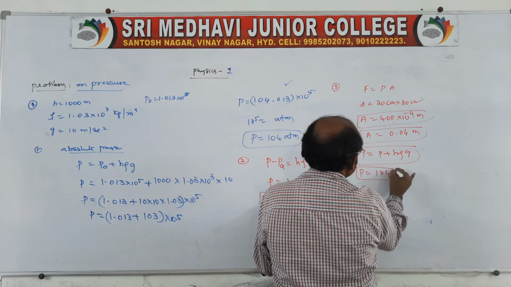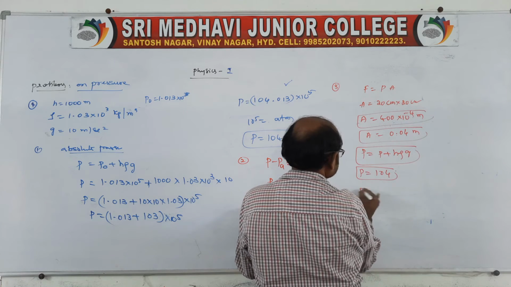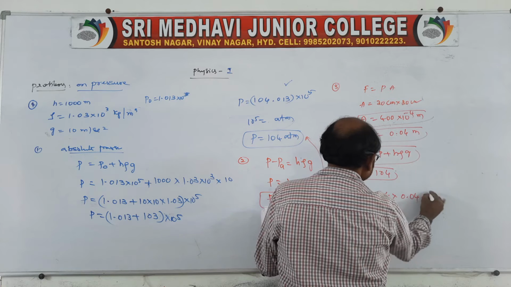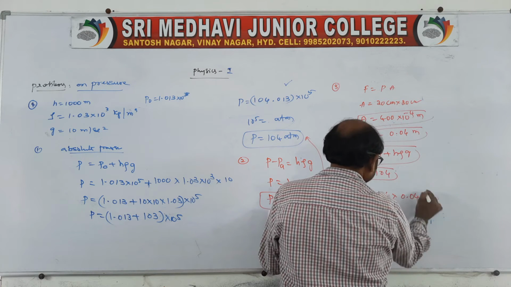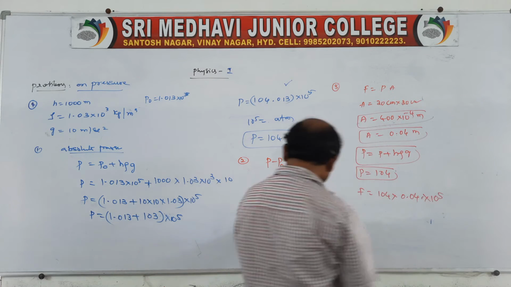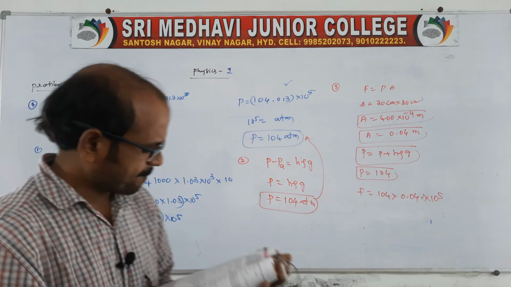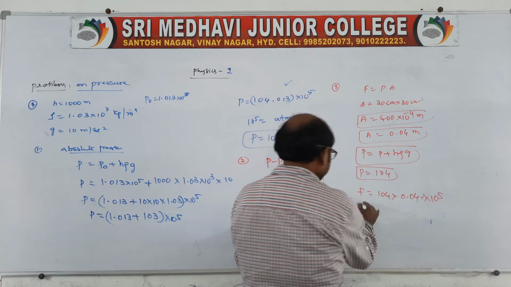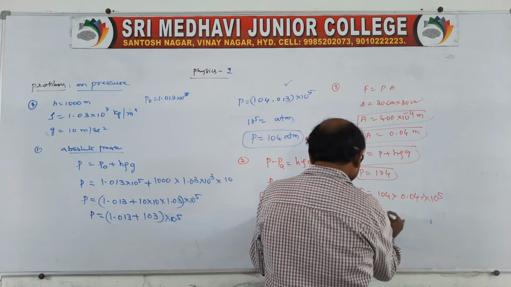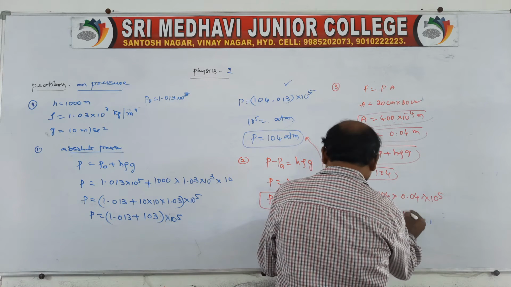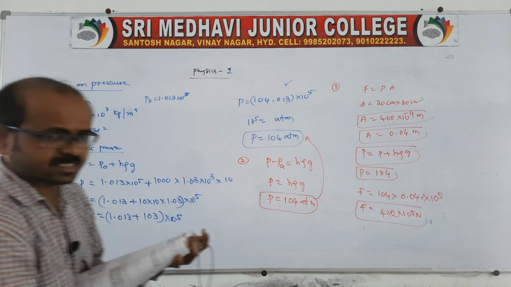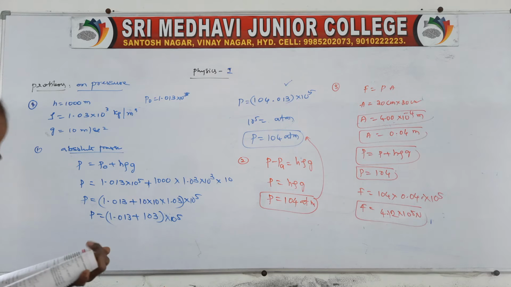So substitute: F is equal to 104 into 0.04, atm actually, into 10 power 5, because it is atmospheric pressure. Roughly we get the force equal to 4.12 into 10 power 5 newtons. This is the final answer based on the given data, right?